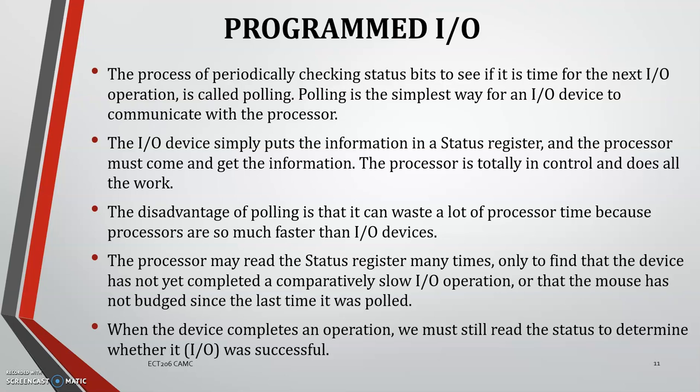So the disadvantage of polling is that it can waste a lot of processor time, because processors are so much faster than IO devices. The processor may read the status register many times only to find that the device has not yet completed a comparatively slow I/O operation, or that the mouse has not budged since the last time it was polled.